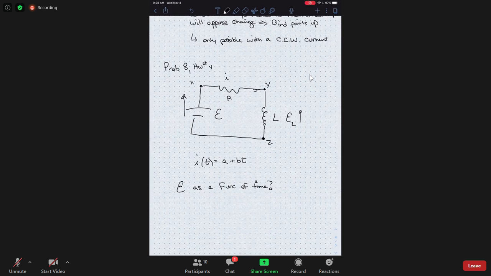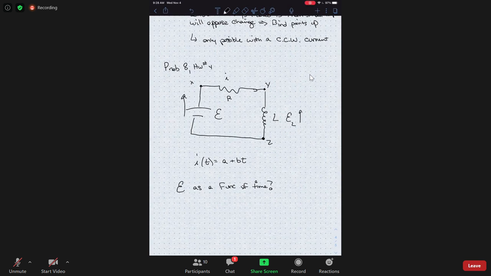So this is known in many cases as a back EMF because it's opposing any change. Since the current is increasing, the direction of the EMF for the inductor is going to be this way, right? Because it's trying to oppose that increase in current. If it were decreasing, then the EMF would be this way.